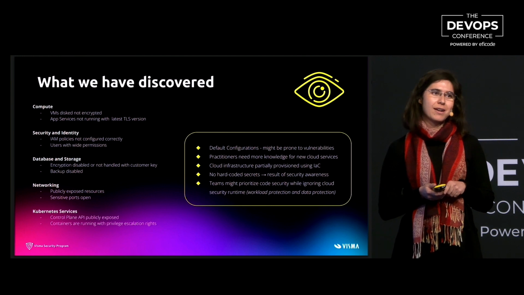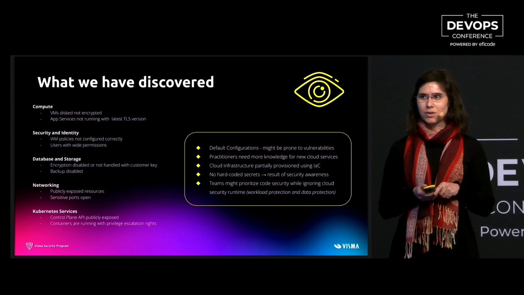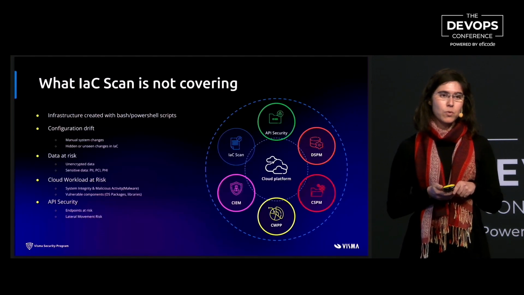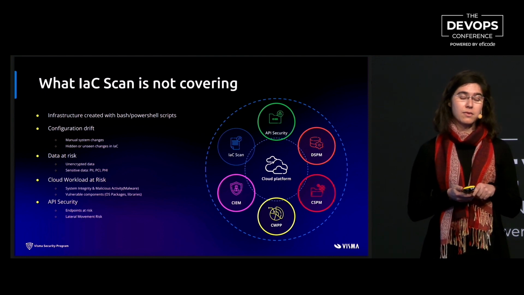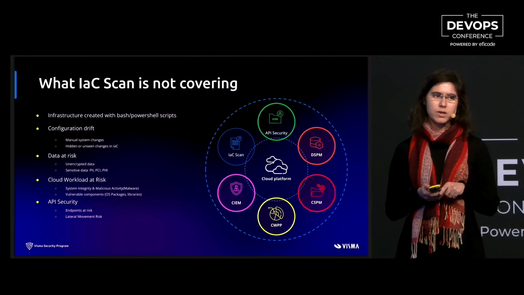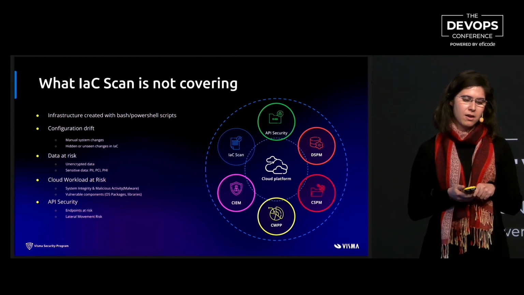We had no hard-coded secrets in the code because we have a strong security culture when it comes to secrets in the code. And what we have seen that infrastructure as code is not covering is the infrastructure built with PowerShell and bash scripts, because there were teams that were also using those kinds of scripts to create their infrastructure.